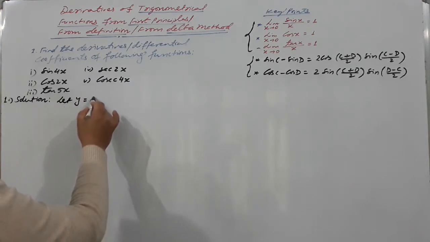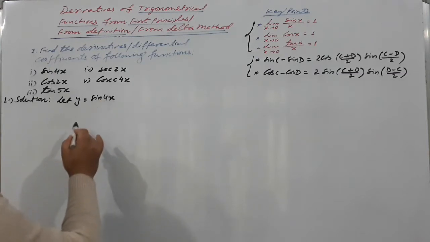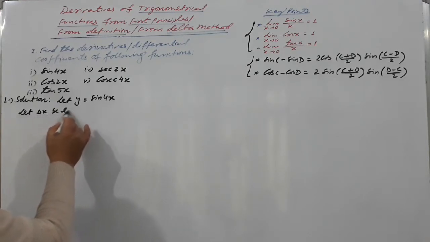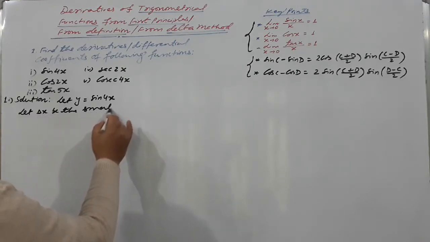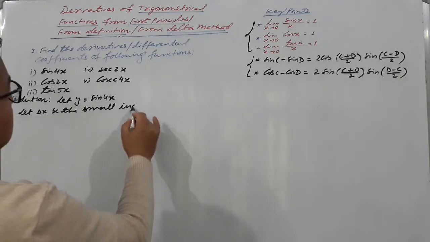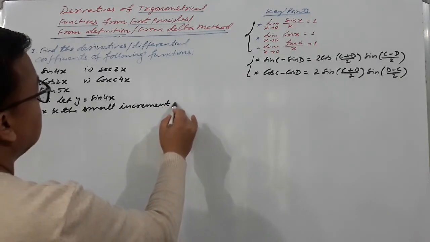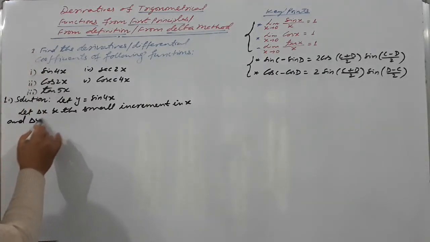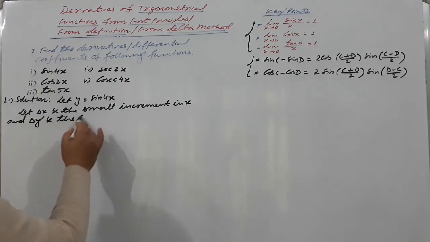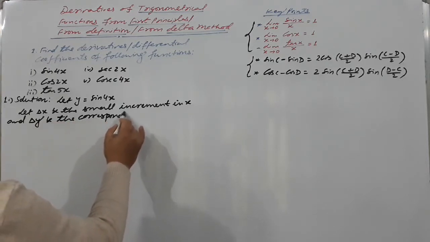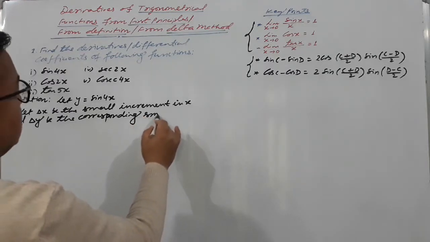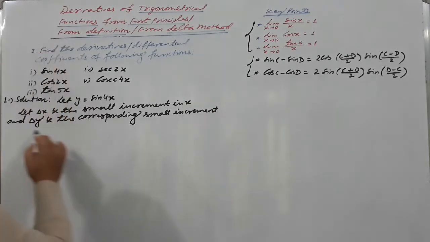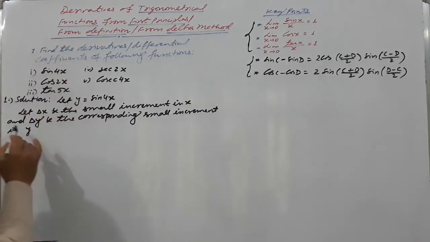Let y be equal to sine of 4x. Let delta x be the small increment in x, and delta y be the corresponding small increment in y.